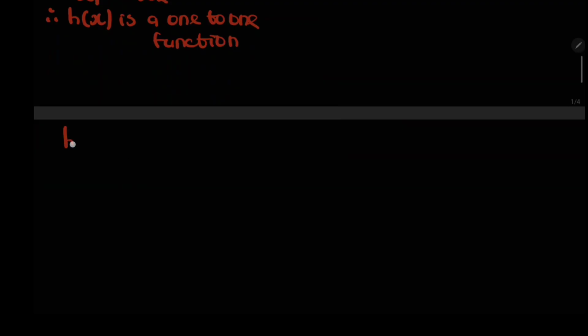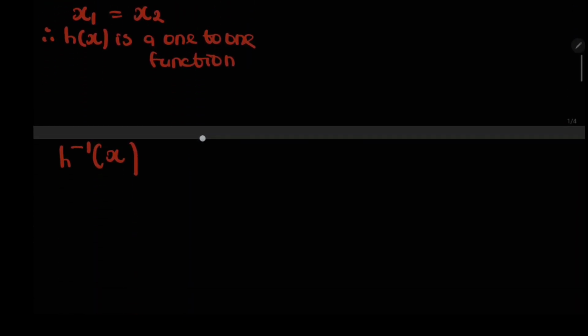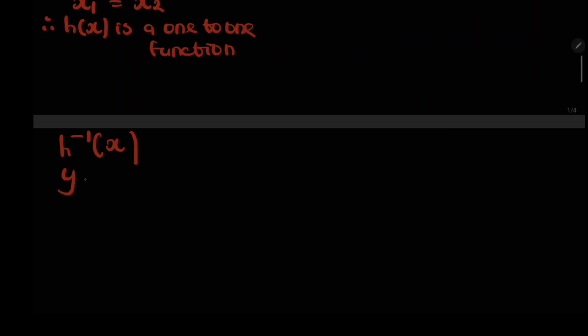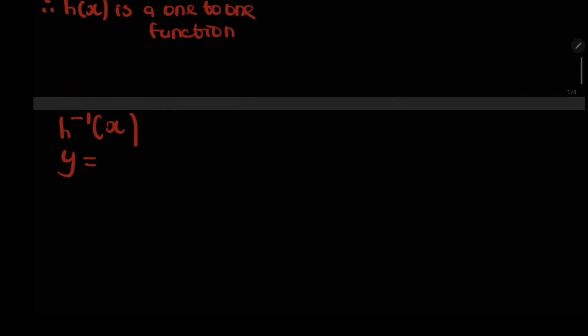Okay, so now we need h inverse of x. Here we'll take y equal to h of x, that is x over 8, so y equal to x over 8. Here we want to make x the subject of the formula.